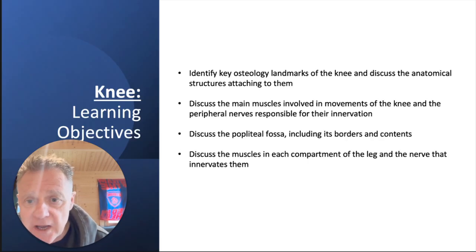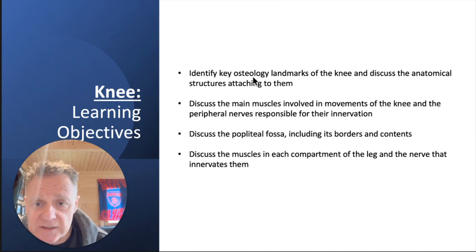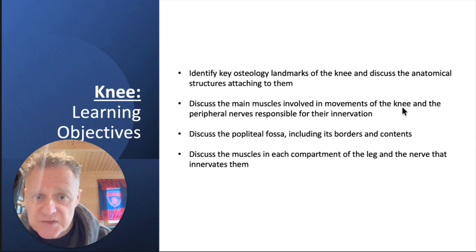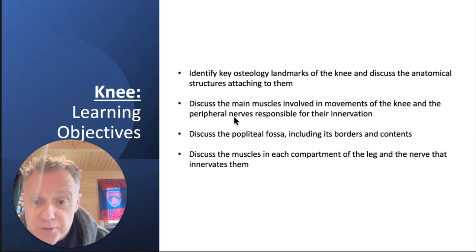So what do you need to be able to do following this particular part of the lecture? Identify the bony landmarks of the knee and the anatomical structures attaching to them, and that's essentially ligaments and muscles. The main muscles involved in the movement of the knee and the peripheral nerves.